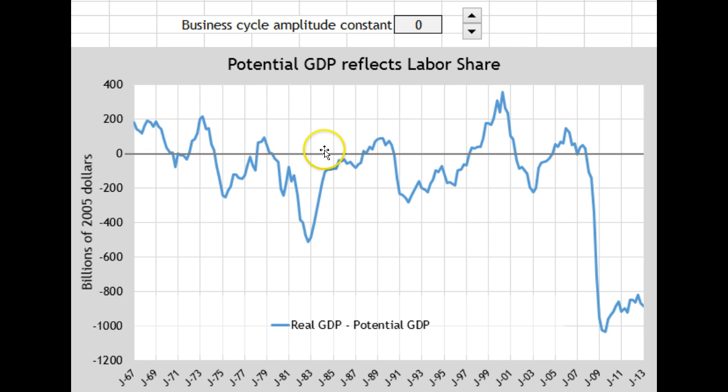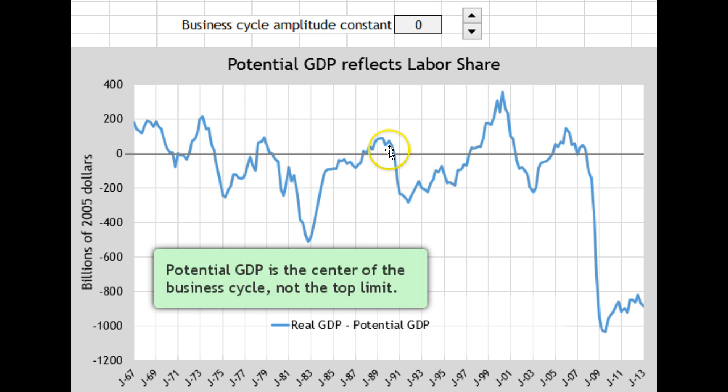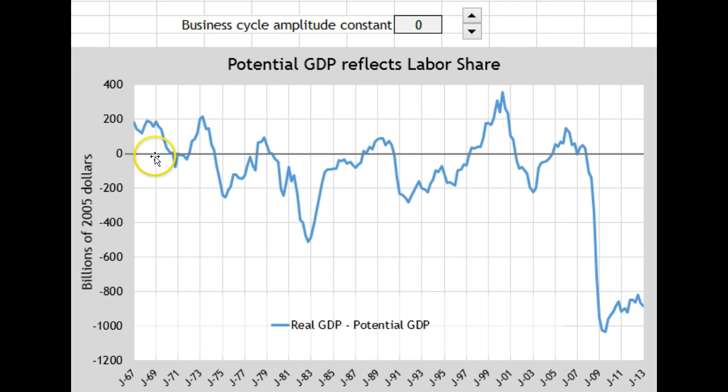So this 0 line is really potential GDP, and you see real GDP moving up and below this line. You'll see that potential GDP is the center of the business cycle. It's not the top end of the business cycle like a lot of people think. It's the center of the business cycle, and the data here shows that.